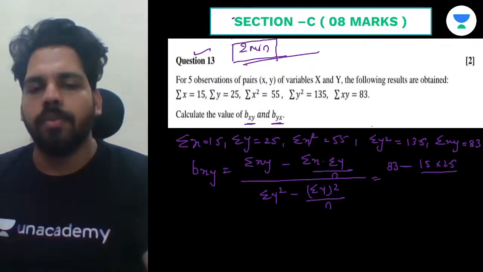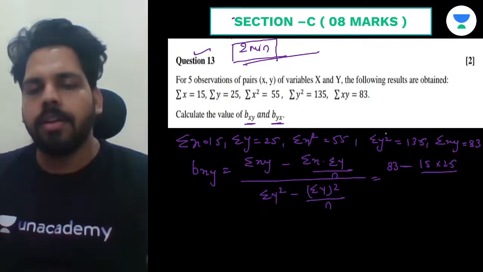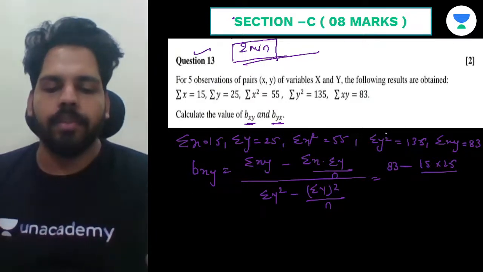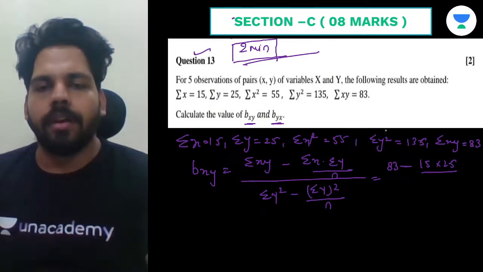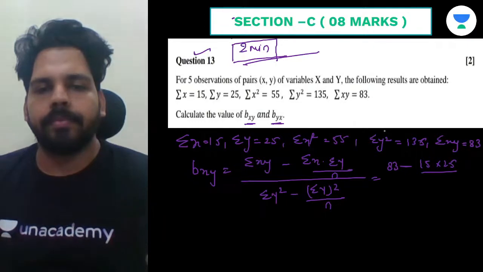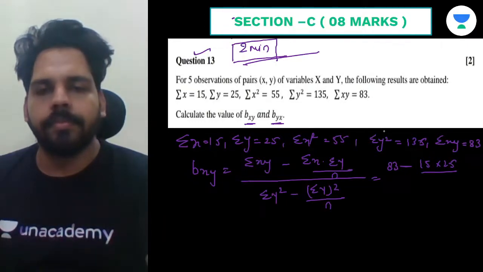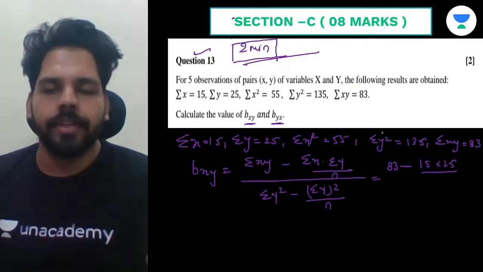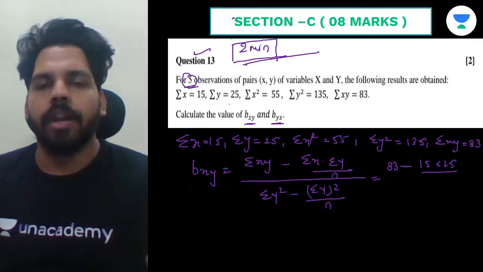Can anyone tell me the value of n? How do we find n? You must know n is the number of observations, right? It is already given as 5 observations. So this will be the value of n.